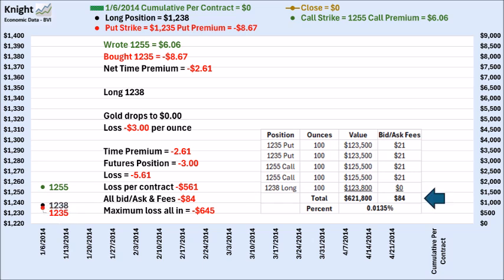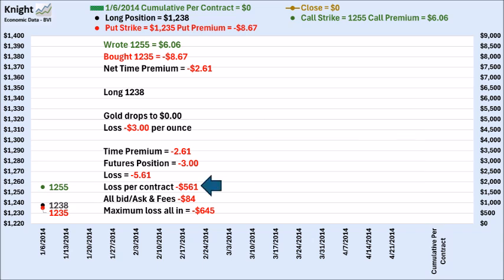Total face value of all initiated and liquidated positions, $621,800. Total fees, all in, $84, or 0.0135% on the $621,800 in face value on all initiated and liquidated positions.